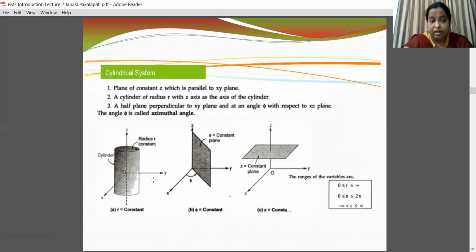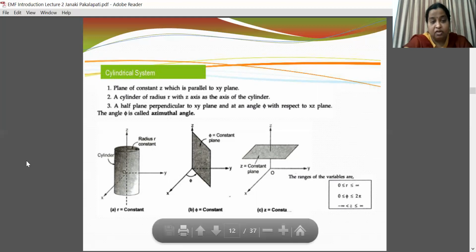So how is the cylinder formed? That is important. Based on the z equal to constant plane and the phi equal to constant plane, if you consider them together, along with, of course, the r equal to constant plane.